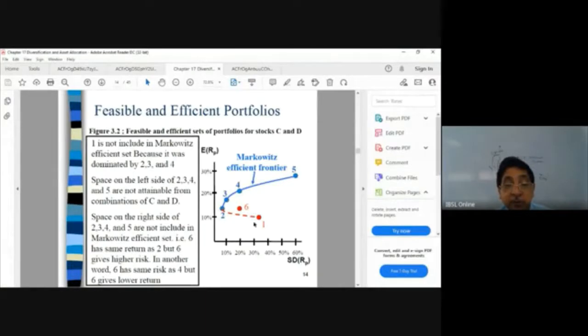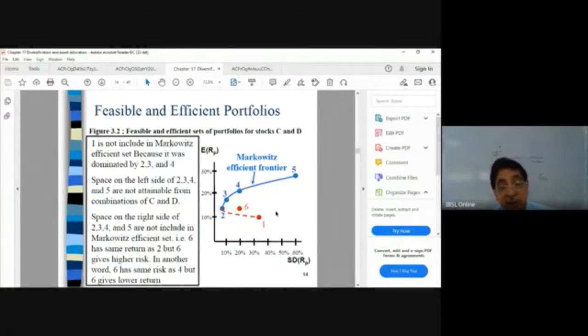This particular one you can't get, because it doesn't give a return which is higher than this. Therefore, this particular point cannot be taken as a line in the Markowitz portfolio.